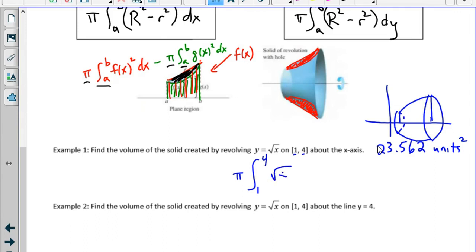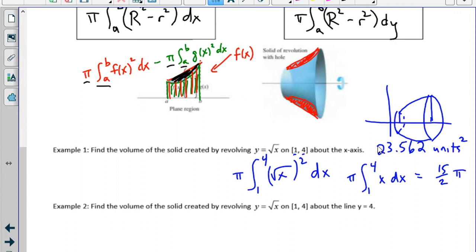So that's square root of x squared dx. This problem you can actually do by hand because you should know how to take the integral of x dx. You would end up getting, and I'm going to skip this in the interest of time, 15 halves times pi, but you can do that by hand.